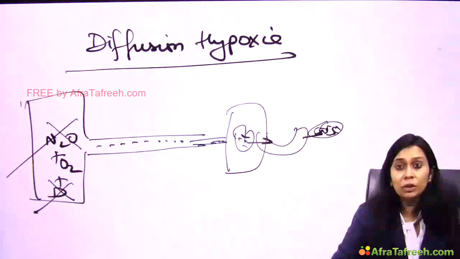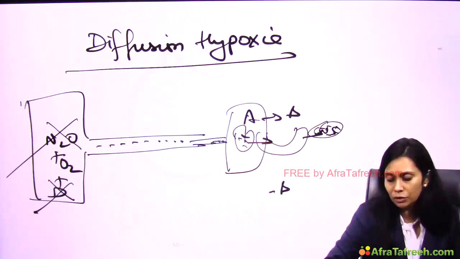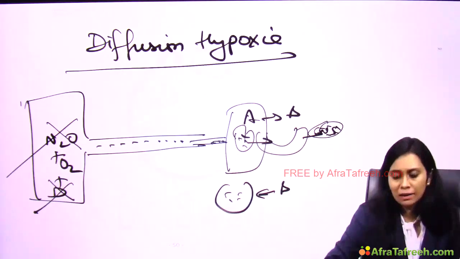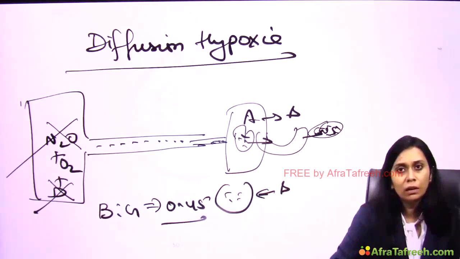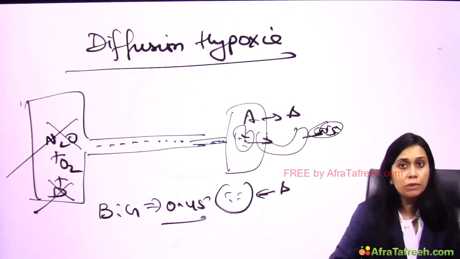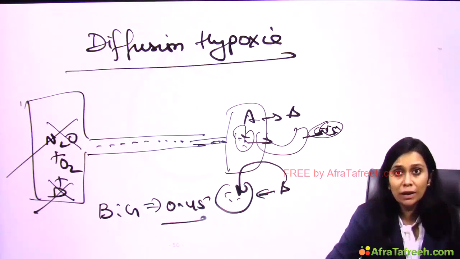When I stop nitrous oxide, its supply into the alveoli stops. And the pressure gradient which was from alveoli to blood reverses, becoming from blood to alveoli. And nitrous oxide, we have discussed blood gas solubility. What had we written? 0.45. So with a reverse concentration gradient, it comes out of the blood into the alveoli very fast. It has a low blood gas solubility.